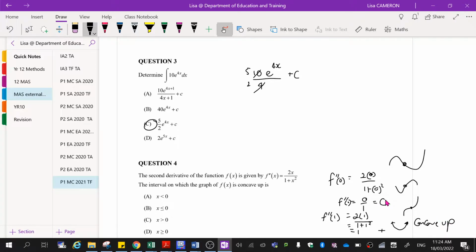That means it's not going to include 0, because at 0 is the point of inflection. So as we're going this way, it's concave up, and the 0 is the smaller one in that expression. So that correlates to C.